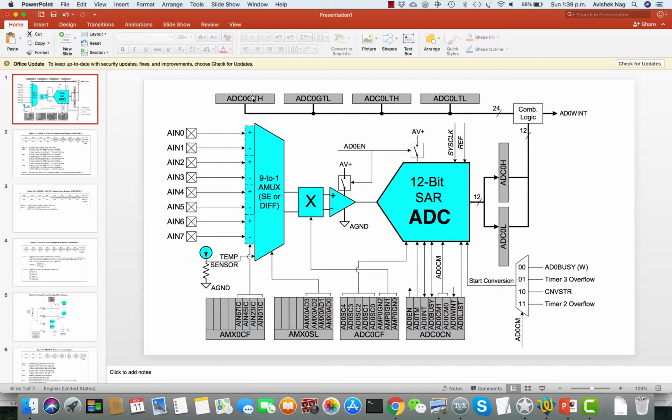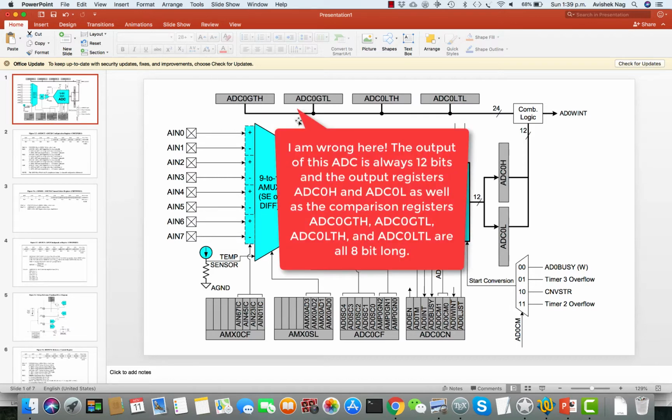Sorry, this will have 12 bits, this will also have 12 bits, and here we have a combination of 12 bits.